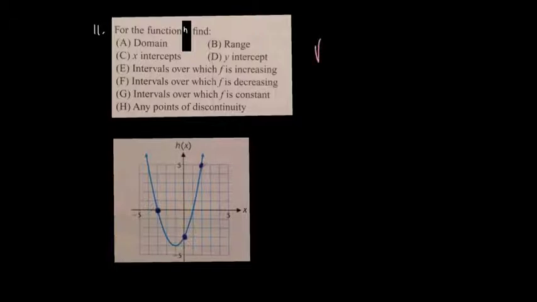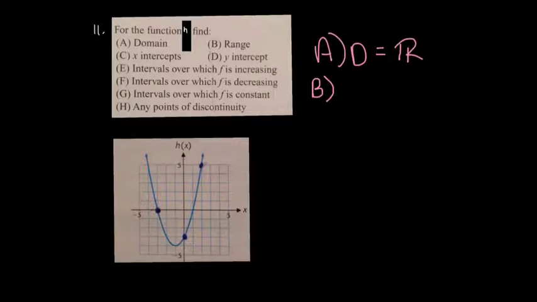The domain, in this case, would be all real numbers. If you look, the function goes forever to the left and forever to the right. These arrows indicate that that function keeps going. So the domain is all real numbers. The range is the span from down to up. So if I were to start at negative infinity and come up, the very first point that I hit is right here.